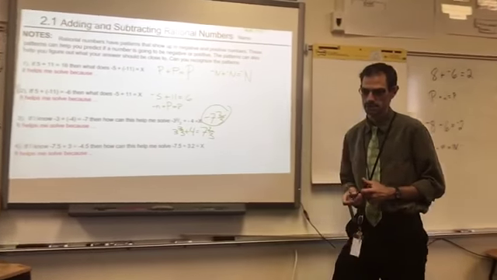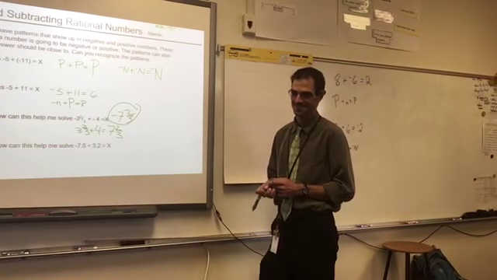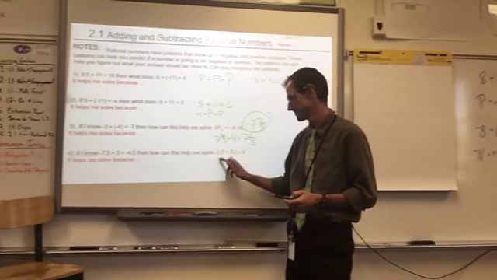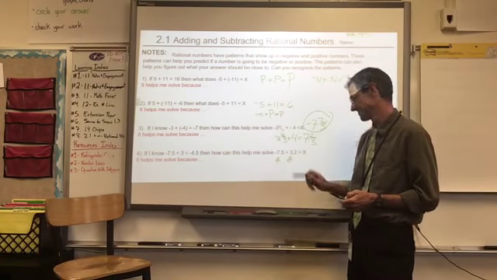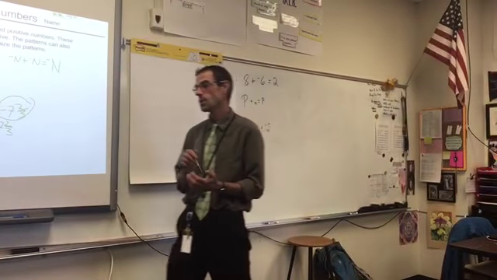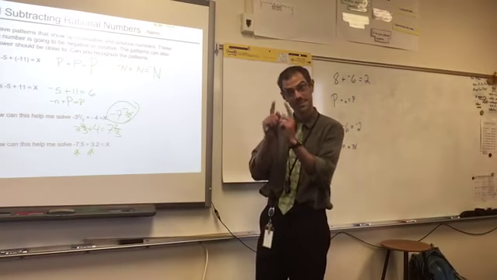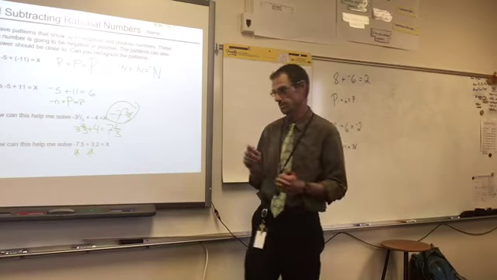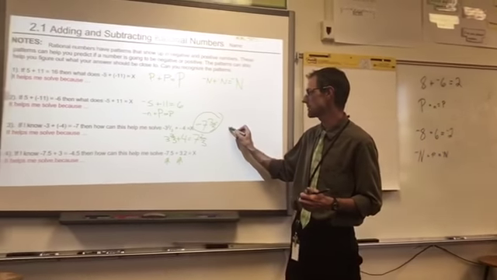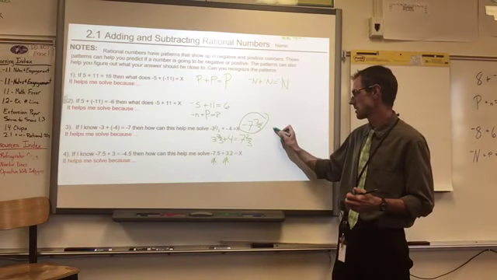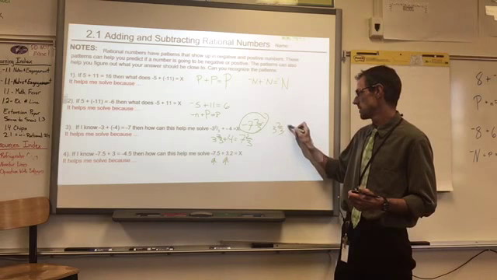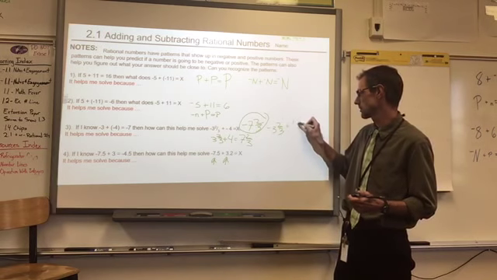So would it be the same thing if it was like a negative 3 2/3 plus a positive 4? Would it be the exact same thing? No, it would not. Well, yes, it would. In that case. Okay, so that's a very good question. Callie asked this. She said, what if this was a negative 3 2/3 plus 4?